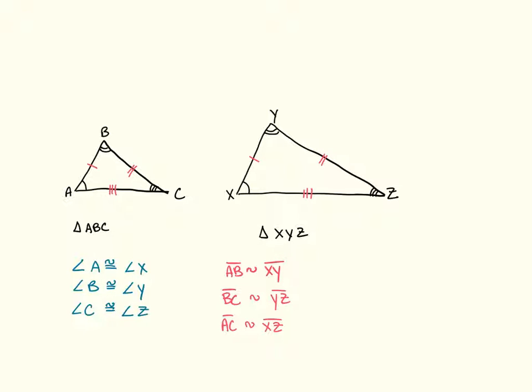These are corresponding angles, and these are corresponding sides. So we have our correct vocabulary here. Okie dokie. Now let's move on.